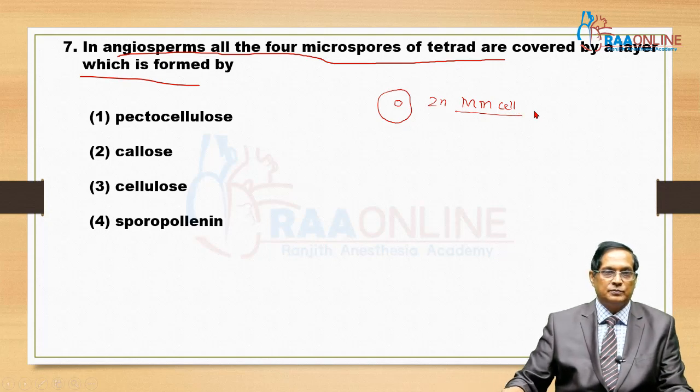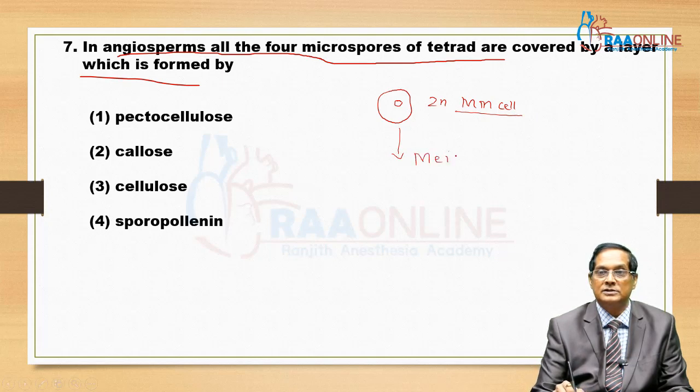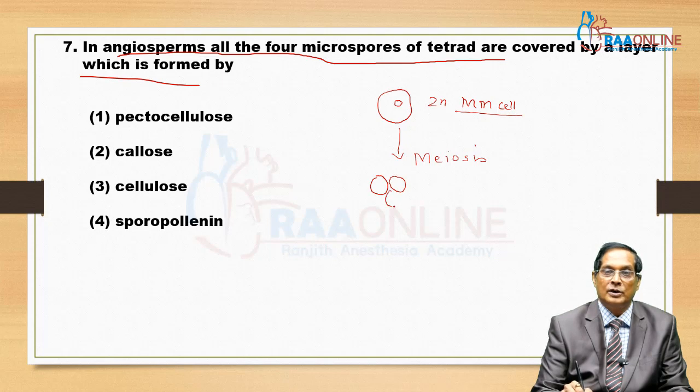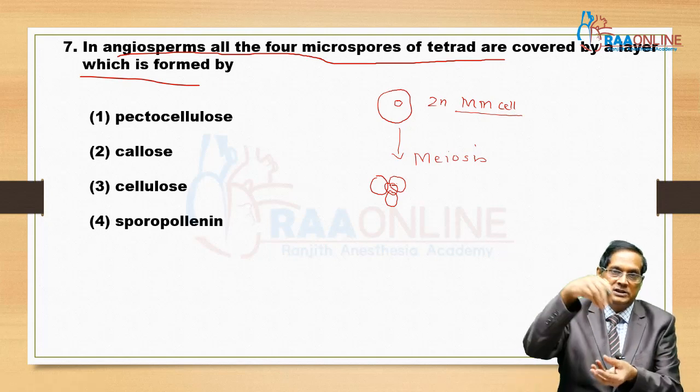This microspore mother cell divides by meiosis to produce 4 microspores. They are arranged generally in this manner in dicots, that is, 3 in one plane and 1 above.